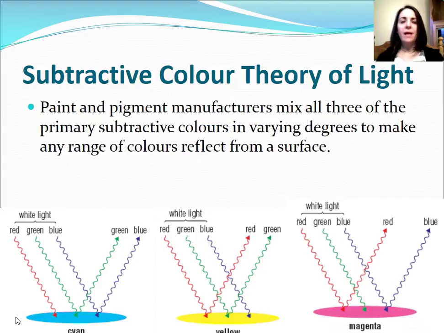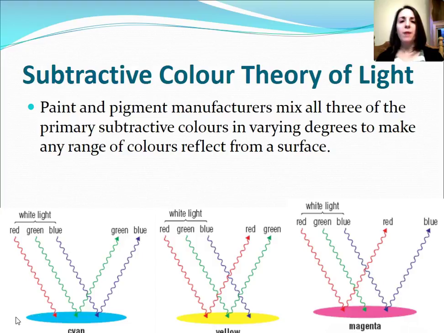So there are many, many applications for these color theories of light, and one application for the subtractive color theory is in the manufacture of paint and pigments for painting surfaces and objects.